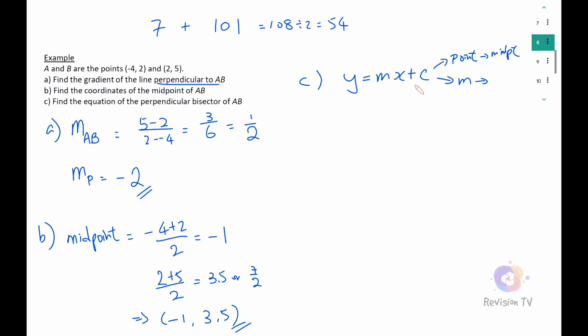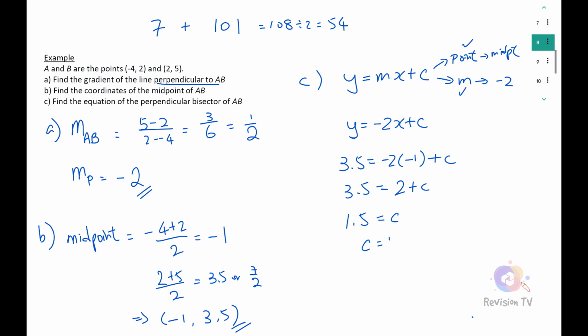The gradient is -2. We've got both things, so we can use the formula. So y equals -2x plus c. We know the midpoint is (-1, 3.5), so we can substitute in: 3.5 equals -2 times -1 plus c. -2 times -1 is just +2. 2 over is 1.5. So c equals 1.5.